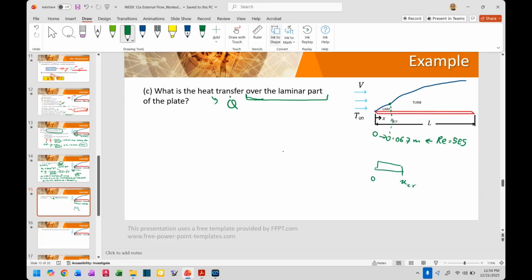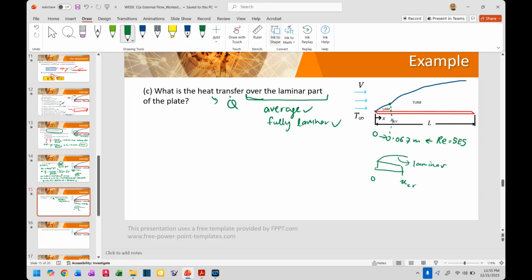Now, we have the average, okay, this is the average. Now, which average? Is it the average of fully laminar or fully turbulent? So the answer to that is the average of fully laminar. Okay, so average is right, but then it's for the fully laminar, because 0 until X critical is all laminar.